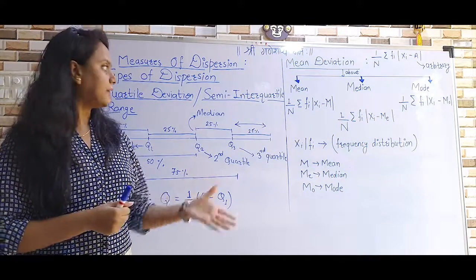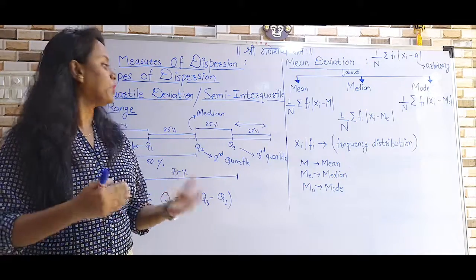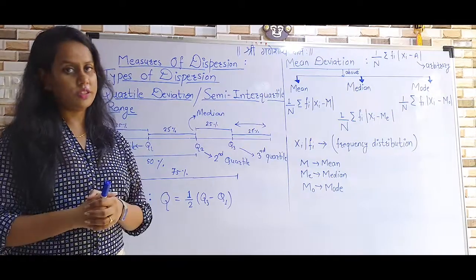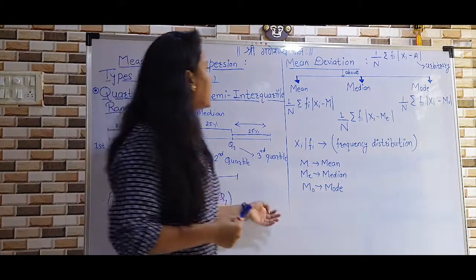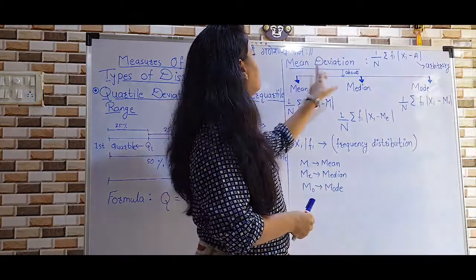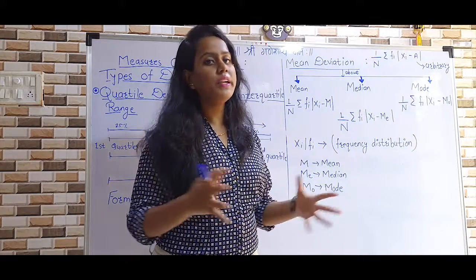So, can we say that it is the ideal measure? No, we cannot say that. Why? Because it is not based on all the observations, right? Then let's move on to the next measure, which is the mean deviation. First, how to calculate the mean deviation?